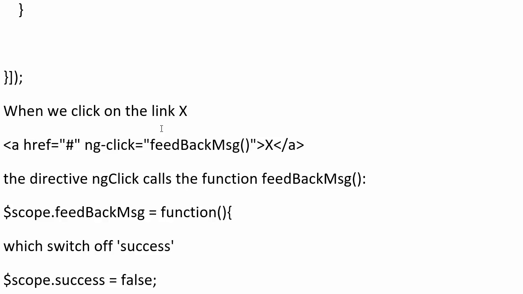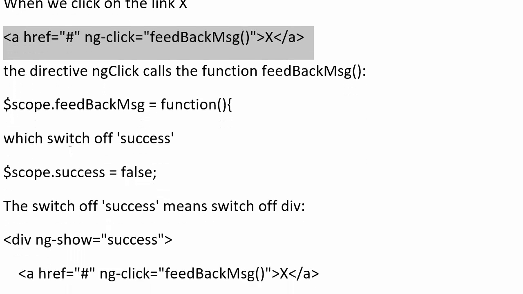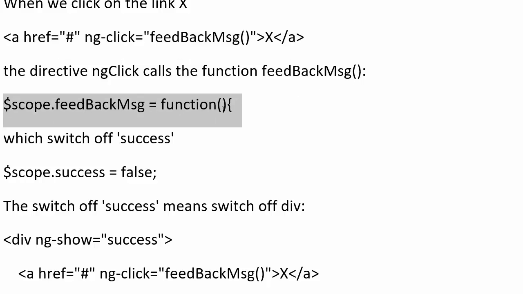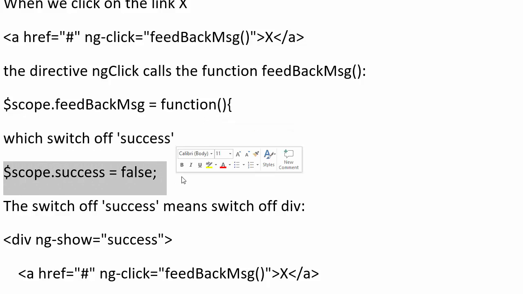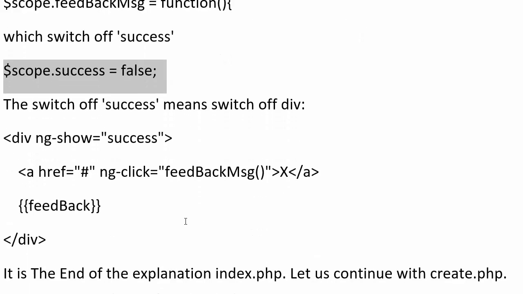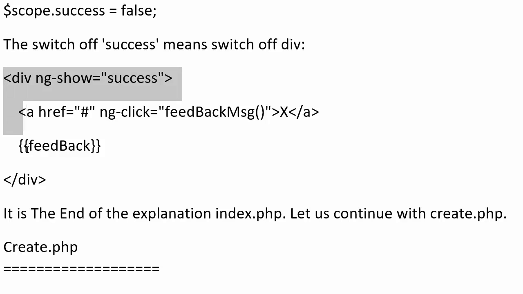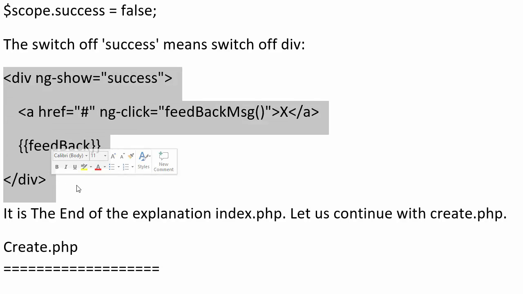When we click on the link X here, the directive ng-click calls the function feedbackMessage, which switches off success, $scope.success equals false. Switching off success means switching off the div success.